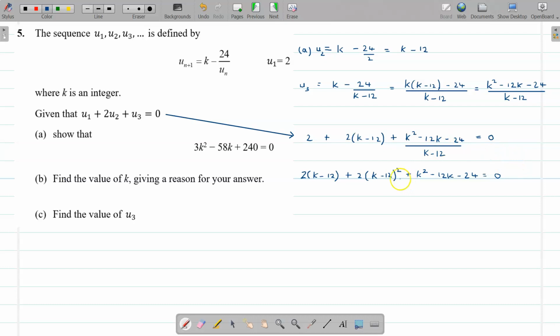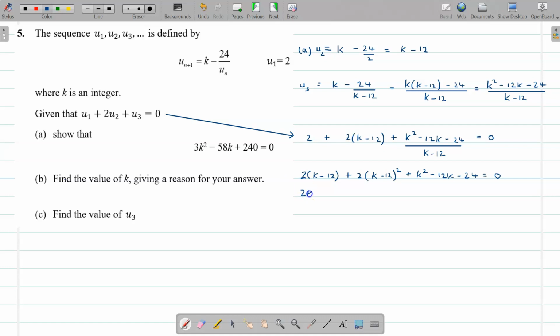Now if I work on that a little bit further, quite a few steps to go here, so let's go through the whole thing.